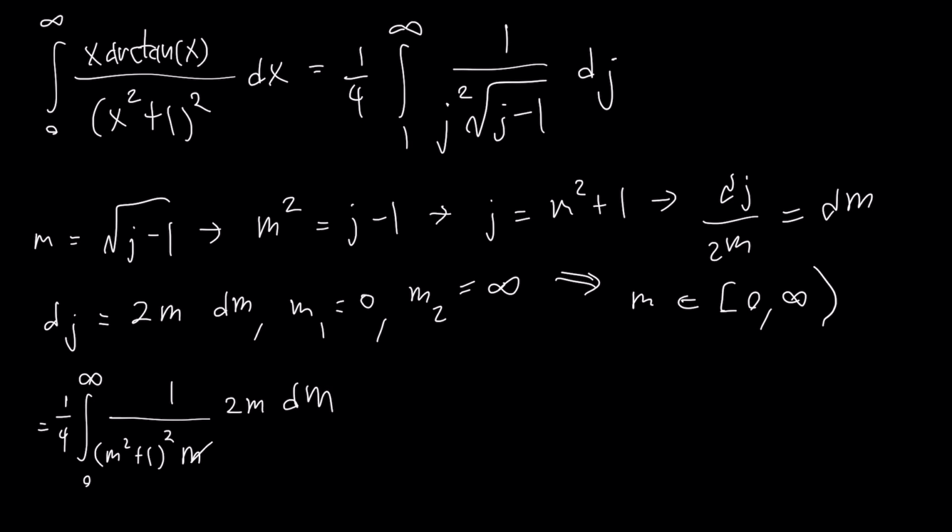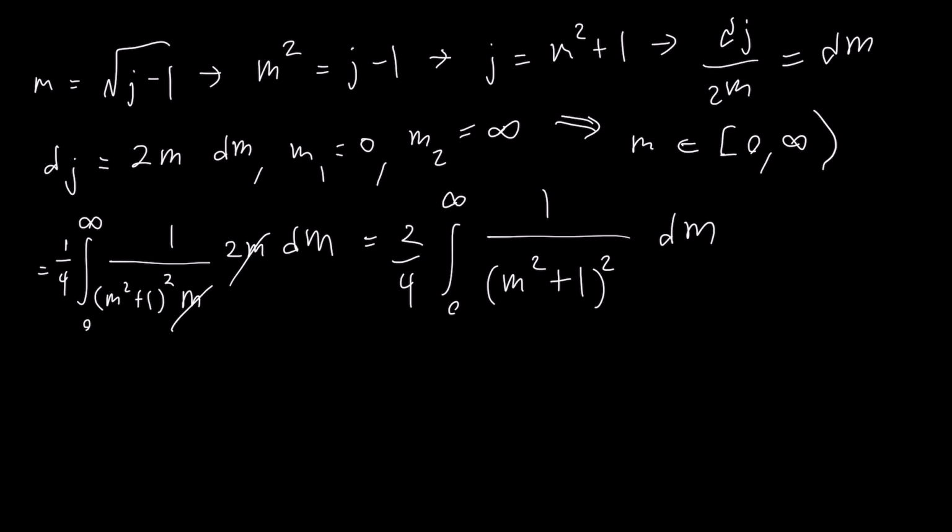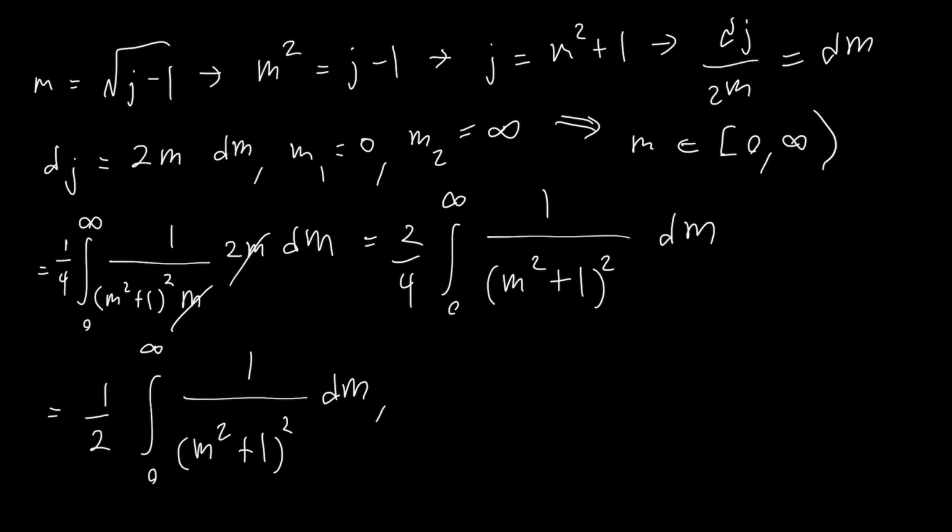And as you can see, the m's will cancel, and we have 2/4 the integral from 0 to infinity of 1 over (m squared plus 1) squared dm. But 2/4 just simplifies to 1/2 the integral from 0 to infinity of 1 over (m squared plus 1) squared dm. From here we could just make a trigonometric substitution.